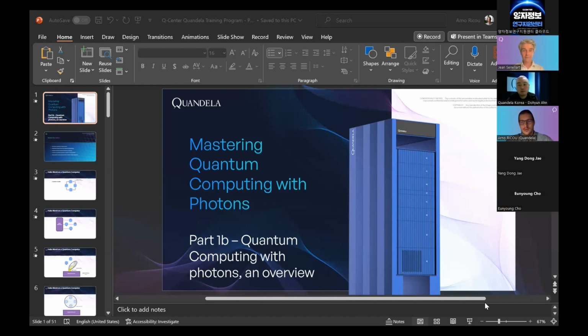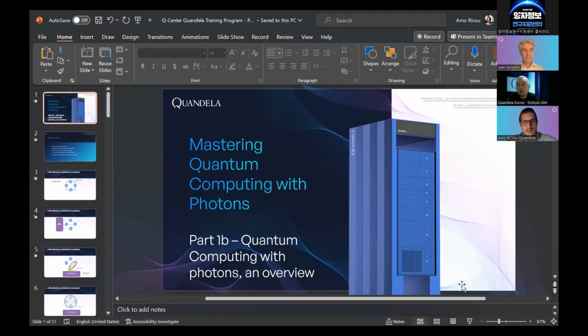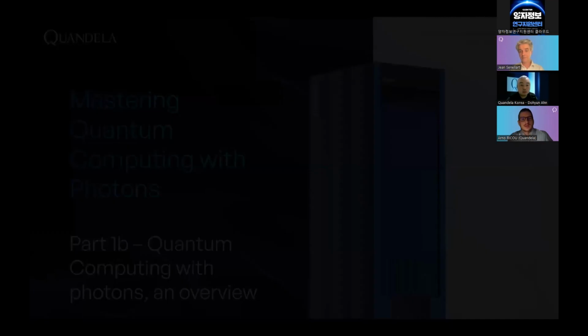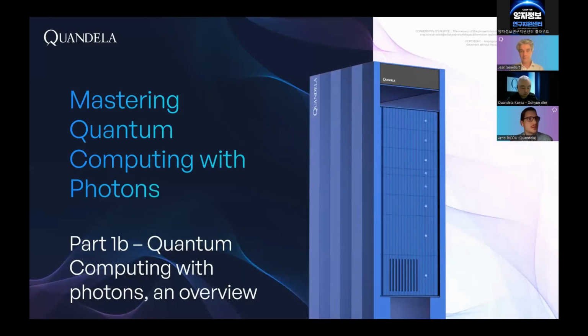So for those of you who were present yesterday, we had a 2 hour session separated in 2 parts. The first part presented by Jean and myself was about some historical milestones of the history of light and then the history of quantum computing, where they're both really related.